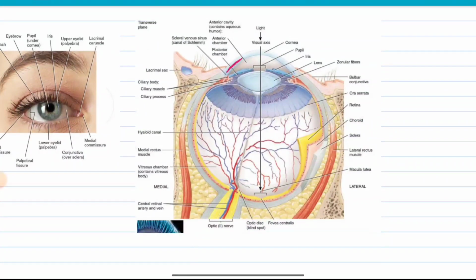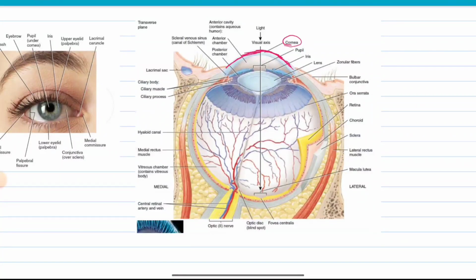This is an outer white colored layer known as the sclera, and then the cornea. The cornea is the transparent front part of the sclera.